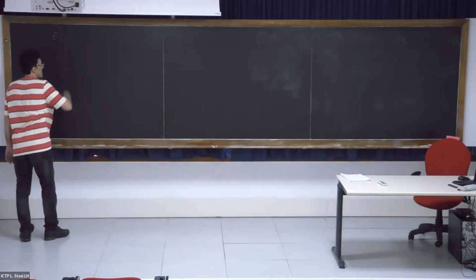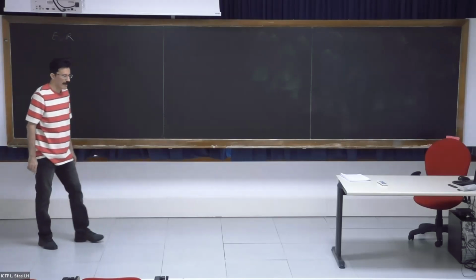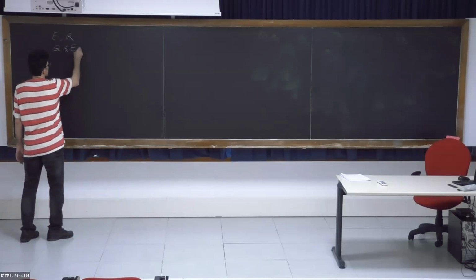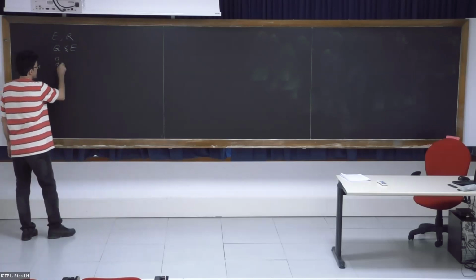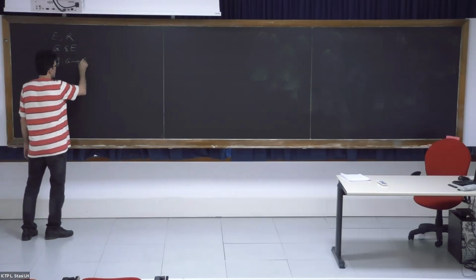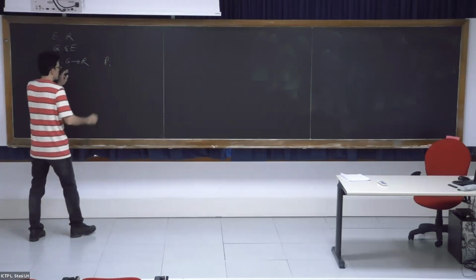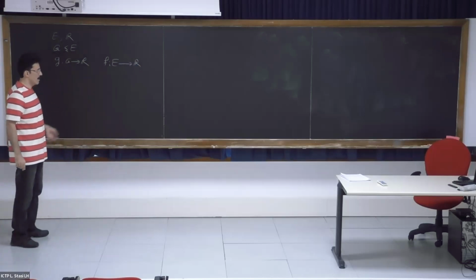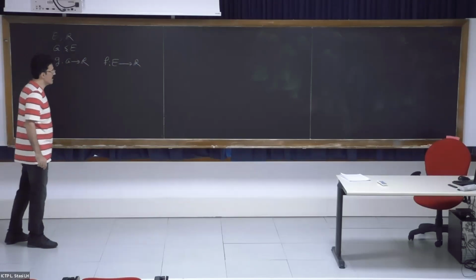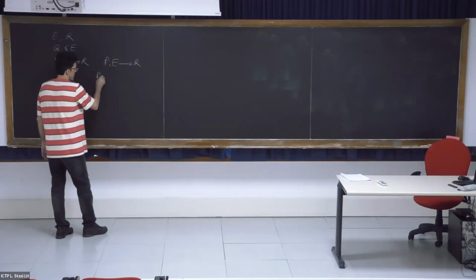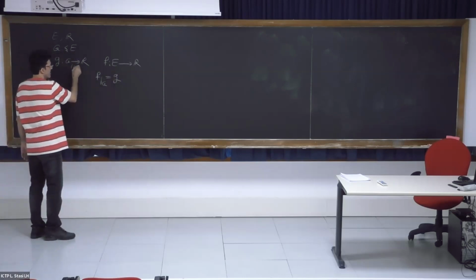Let E be a vector space over the real numbers R, and let G be a subspace of the vector space E, and assume that we have a linear mapping from G to R. Now we look for an extension F from all of E to R with the property that a certain property of G remains valid for this F. So F over G is this one, and we have linearity everywhere.